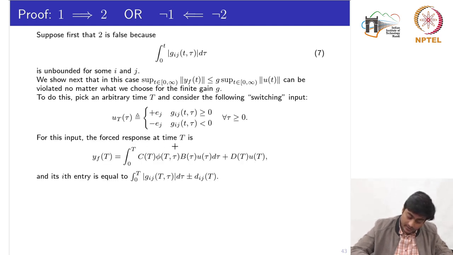So again, if we compute the response at time T, it is given by this one, and its ith entry would be given by this part.